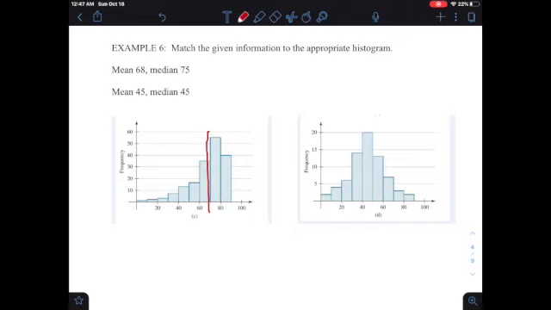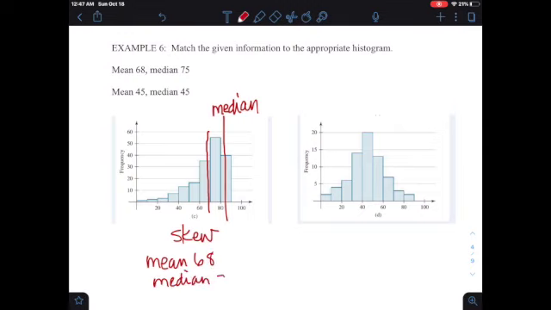Then the median is 75, so it's up here. That is your median. Now the median is going to be higher than the mean, so first of all, it's going to be skewed. So it's got to be this picture. And so the mean is going to be 68 and the median is going to be at 75.